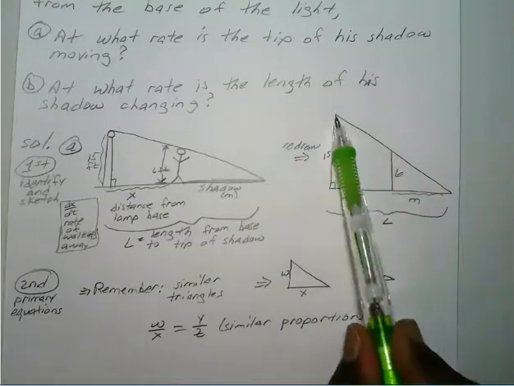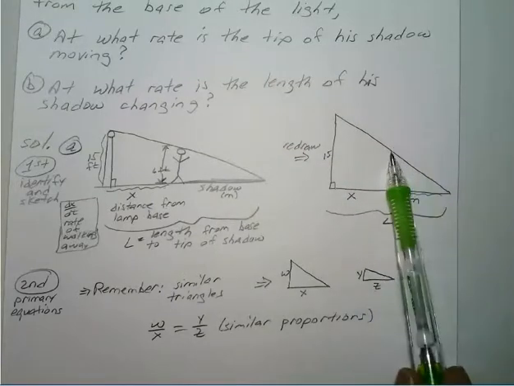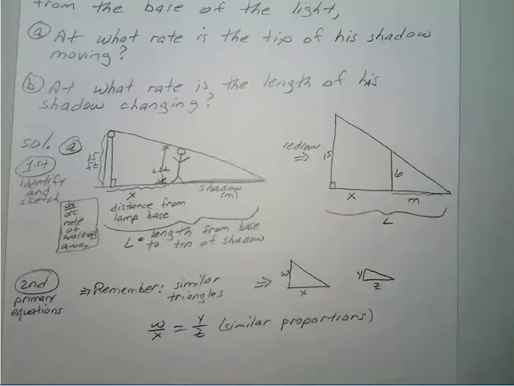We're going to have the big triangle with a similar proportion to the little triangle.